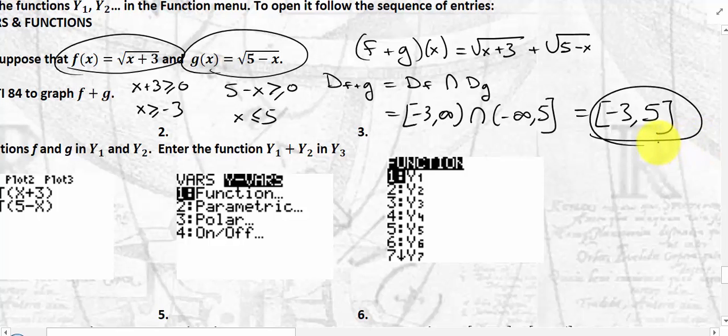So it is negative 3 to infinity, intersection with the domain of g. 5 minus x has to be above 0, so x has to be smaller than or equal to 5, negative infinity to 5, right? So it is negative 3 to 5. The domain of f plus g is not defined outside negative 3 and 5, okay? You can easily see that with the calculator.